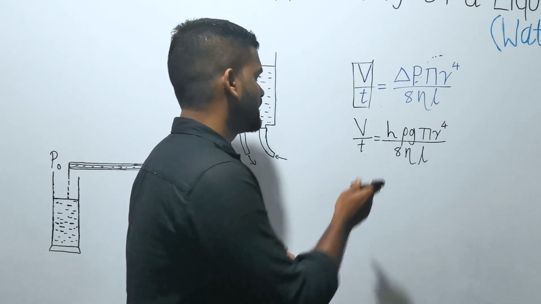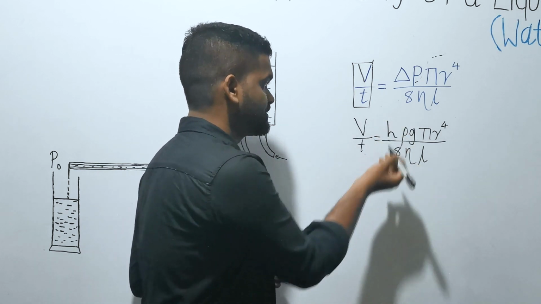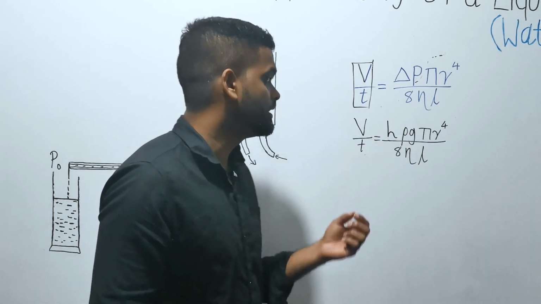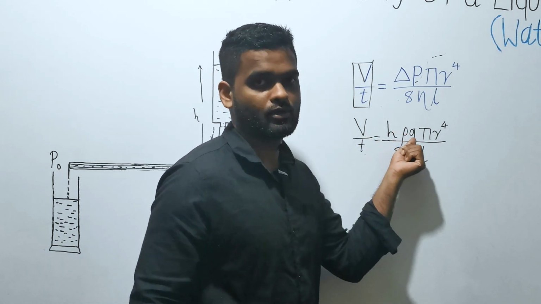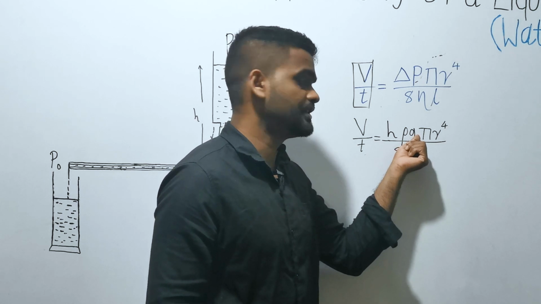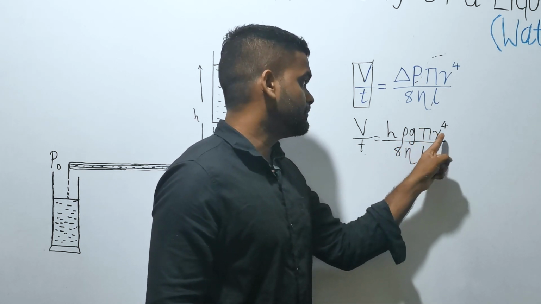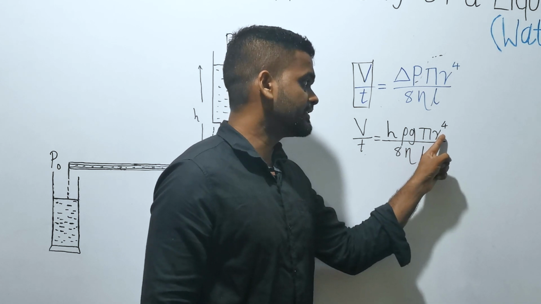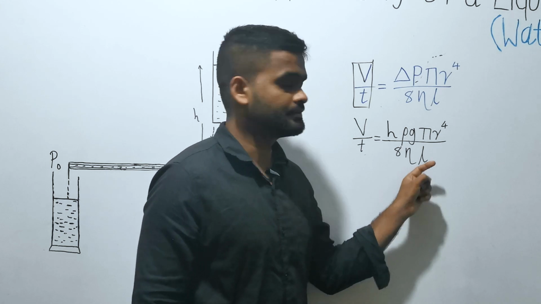Then we know all these values: V over T, that is the volume flow rate. Simple H, we just measured that value. Then this rho, that is the density of water, we already know that. Then this is the gravitational acceleration, we know that as well. Then we need to find the internal radius of the capillary tube and the length of the capillary tube.